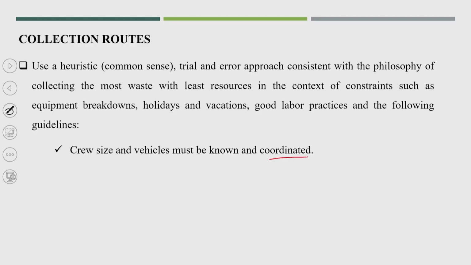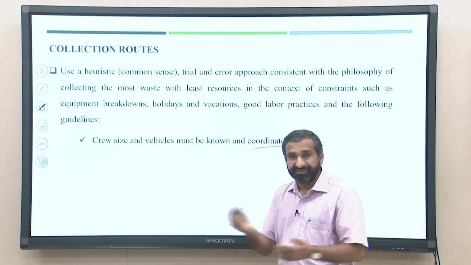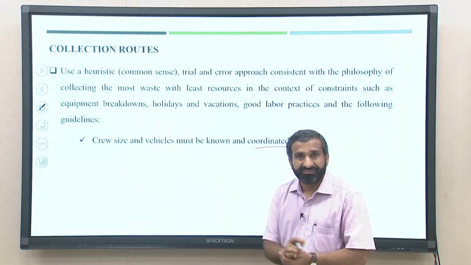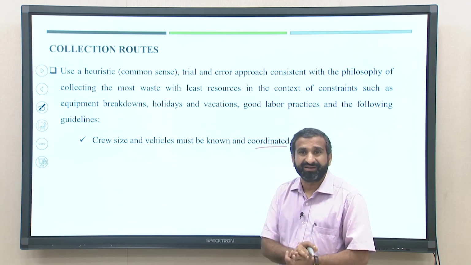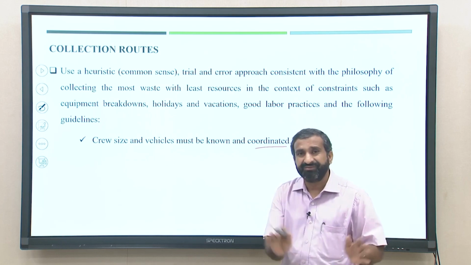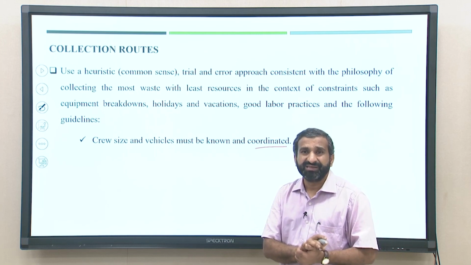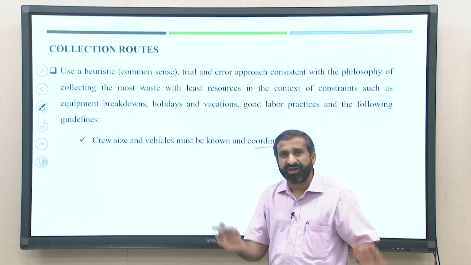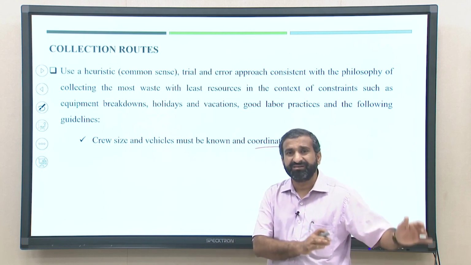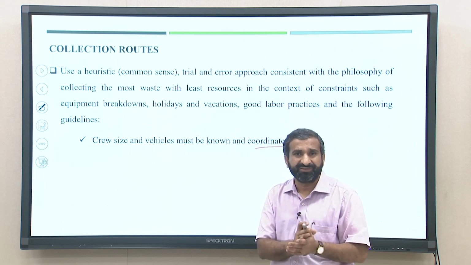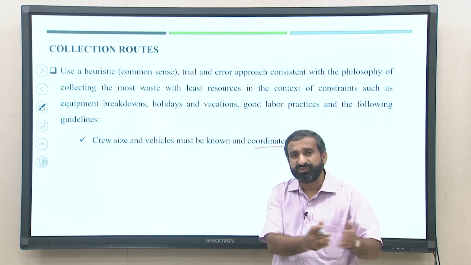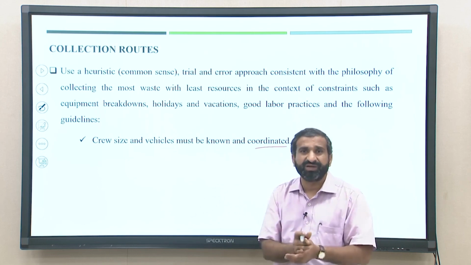Coordinated means if the vehicle has GPS facilities, anyone can locate where the particular vehicle is. Sometimes there is more traffic somewhere, and you find that the vehicle is going to that particular traffic area. So from the office itself we can call the driver and ask them, okay, do not go that way, we can change the location.